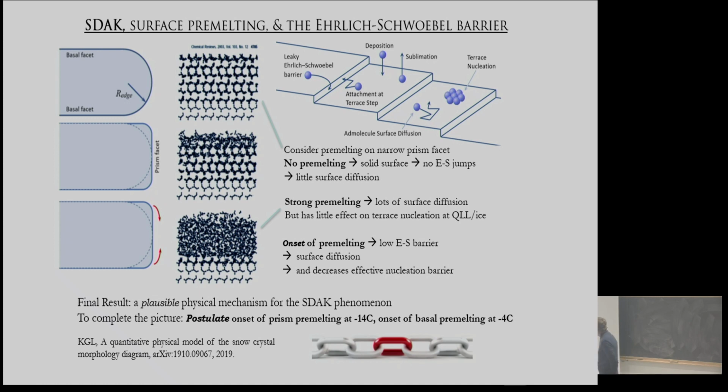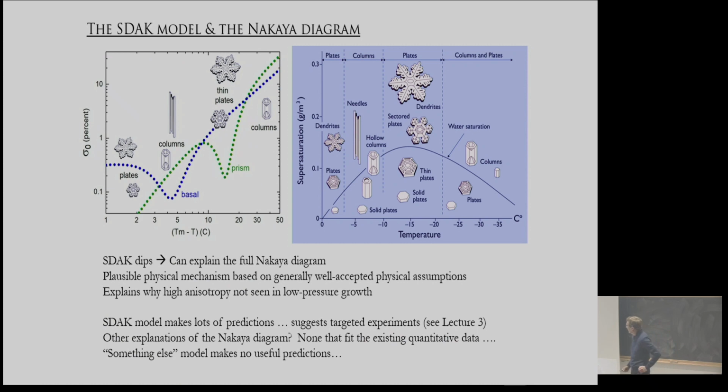And like I said, this is not an idea that I thought of. There are some papers by Kuroda who talked about using surface pre-melting in a similar way. And so anyway, it sort of makes a little bit of sense, maybe, that you might have this work.